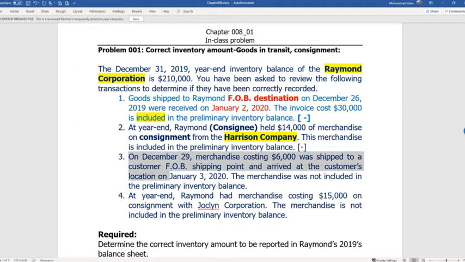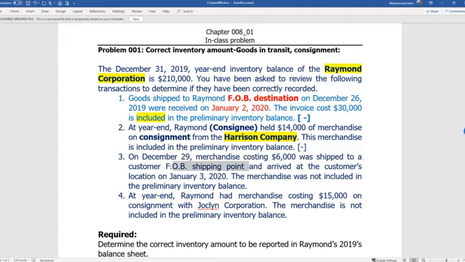And number 3, on December 29, merchandise costing 6,000 was shipped to a customer, free on board shipping point, and arrived at the customer's location on January 3, 2020. The merchandise was not included in the preliminary inventory balance. Here, merchandise was shipped to a customer free on board shipping point.